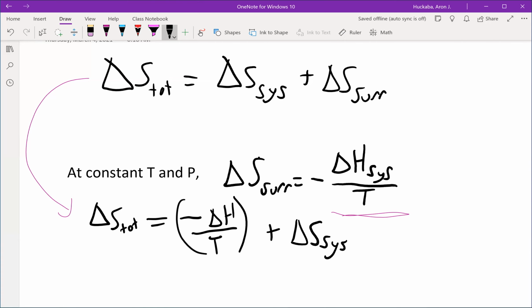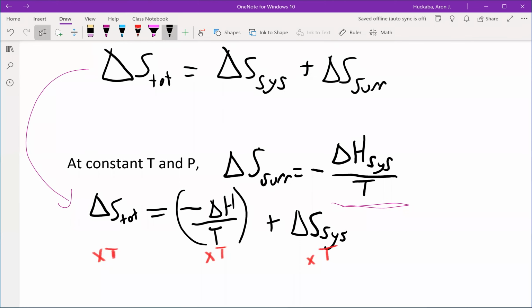Okay, let's try and get that enthalpy term by itself. So we'll multiply each term in this equation by T. There we are.